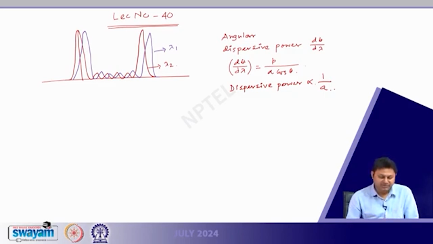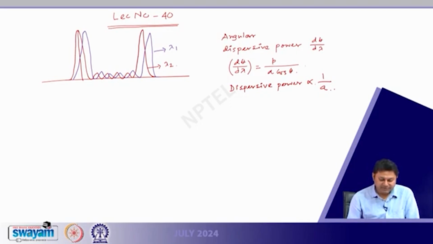It can separate the principal maxima of two wavelengths by a larger amount compared to a grating having fewer lines per unit length. If I do the experiment with two different gratings, in one case the number of rulings is 100 per centimeter and in the other case 1000 per centimeter.